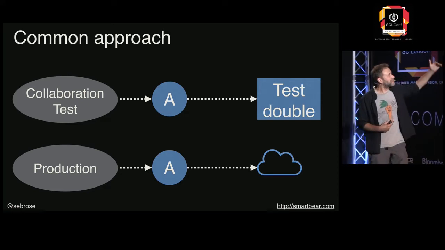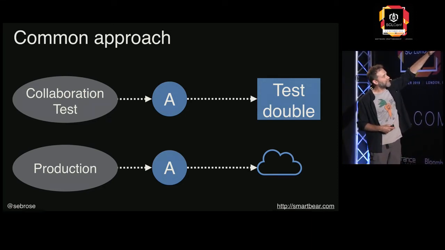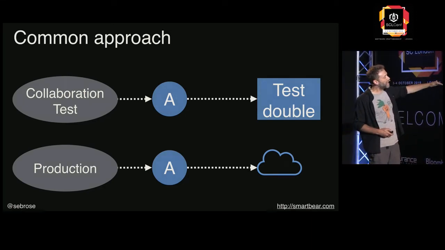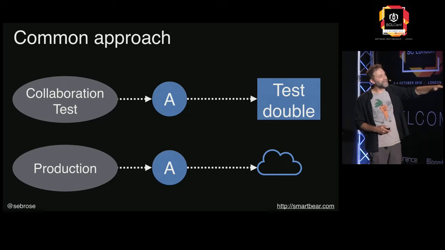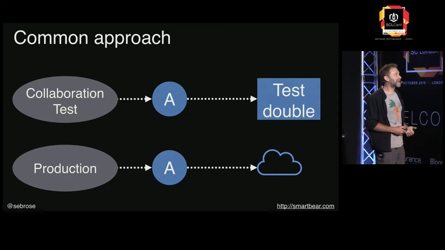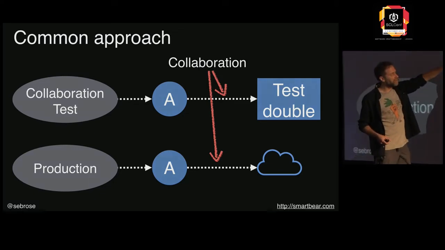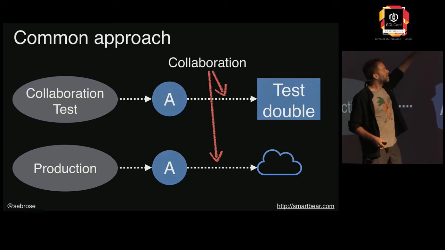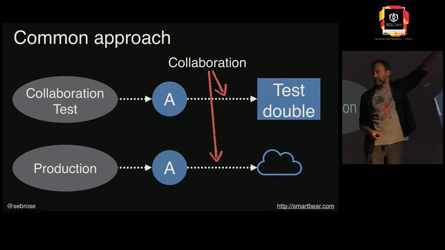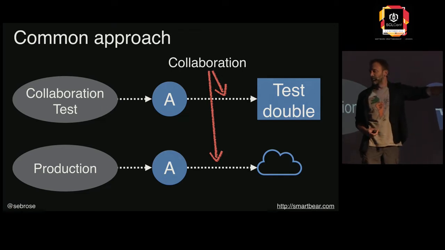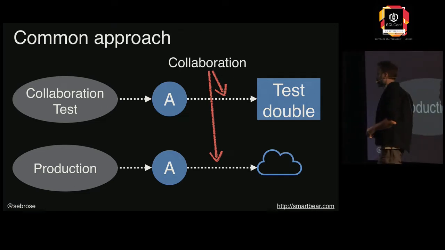So what we're trying to do here is that the collaboration test expects the test double to behave in one way, and the production system expects the actual dependency to work in exactly the same way. These two dotted arrows represent the actual collaboration. A is collaborating with the test double to provide a simulation of the behavior that the actual production system will provide.